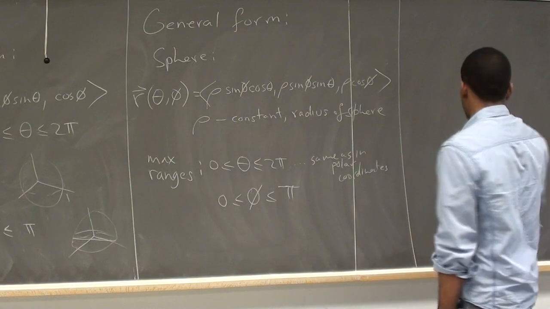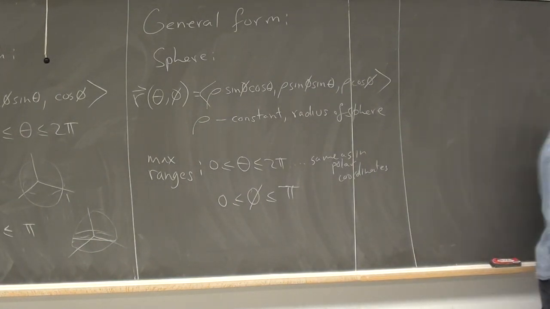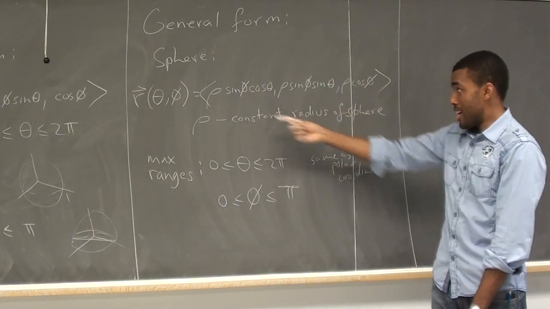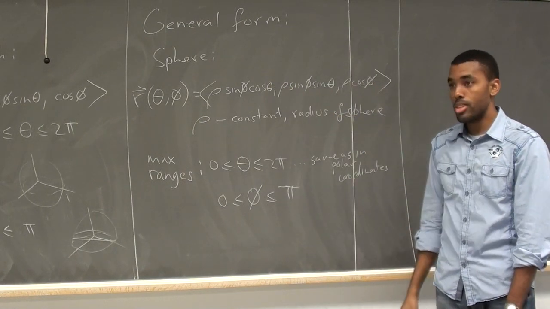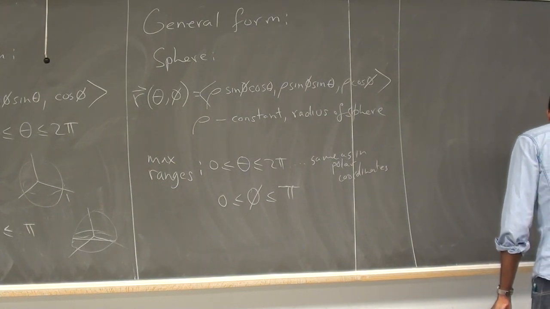If you see something with a cosine and sine and something else in one of the other components, that's a cylinder. If you see two trig functions, sine and cosine, and a cosine here, you know that's a sphere. So pay attention to these things.